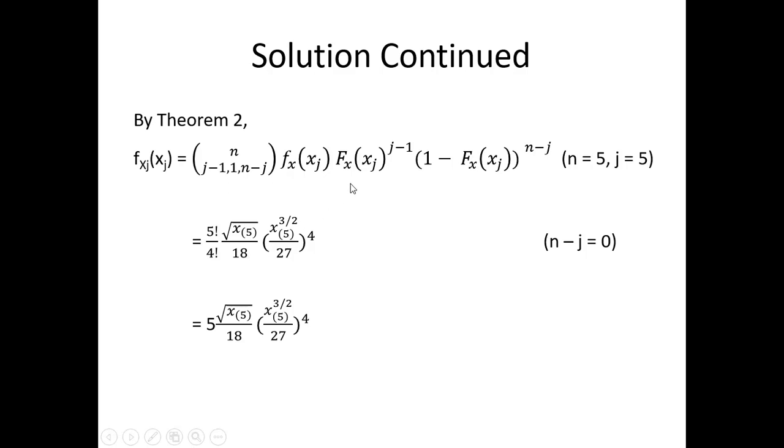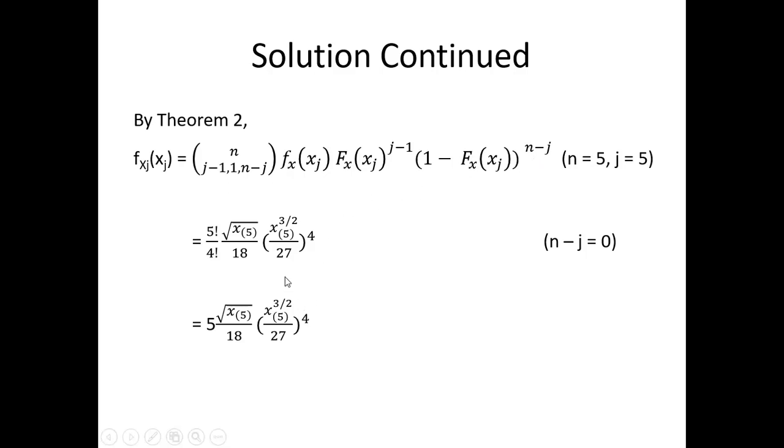And then my CDF over here, so this would be x5 to the 3/2 divided by 27. Remember, both n and j are equal to 5 here. So this becomes to the 4th power, this term. And this term just drops out because n is 5, j is 5, so this just becomes a 0.